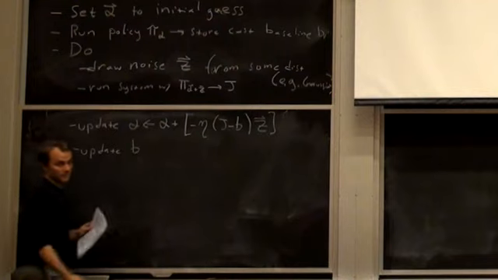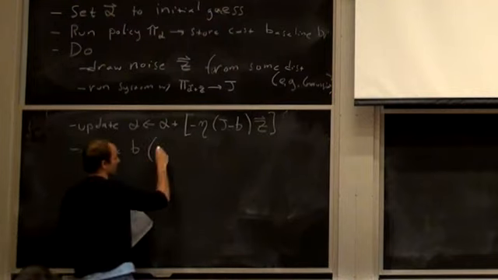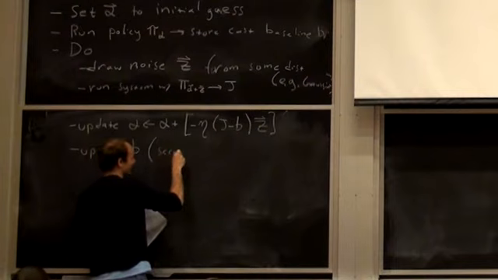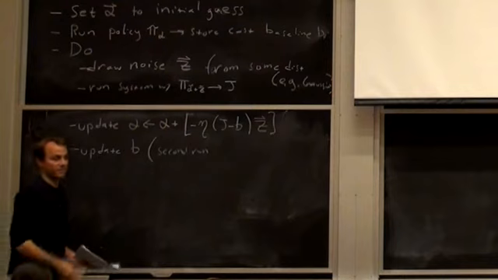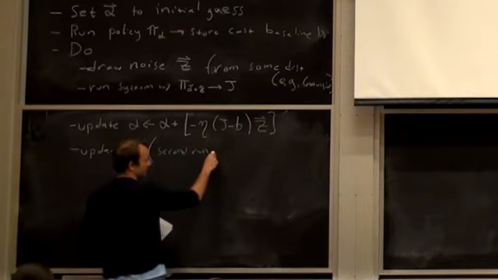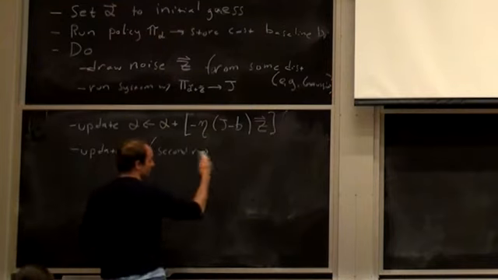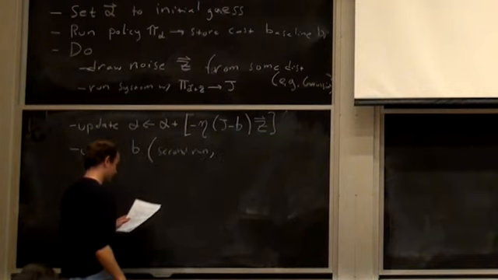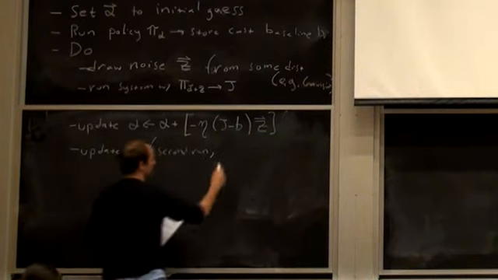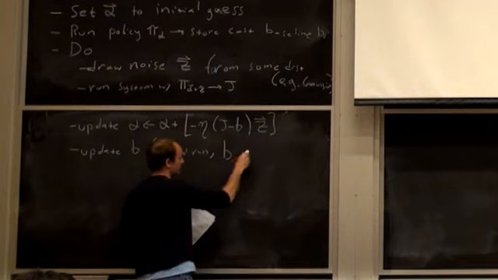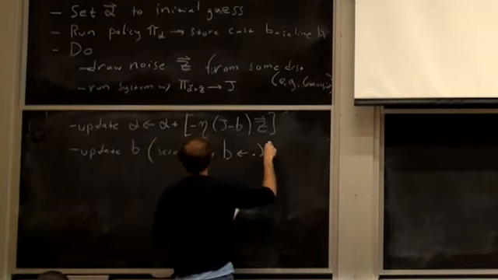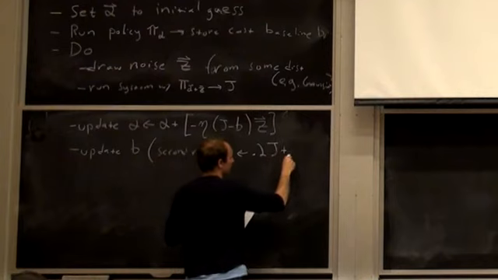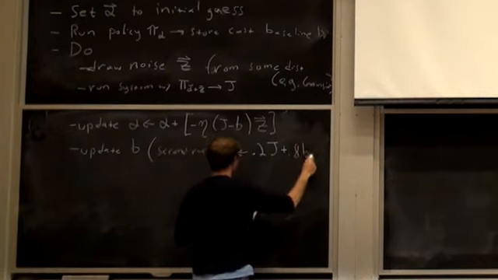Now you can do this with a second run where you run your new policy. That's the more expensive way, but you can have confidence in that baseline as long as it's not too random when you evaluate the system. You could do a decaying average. You could have, for example, b gets 0.2 times your J plus 0.8 times your old baseline, right?